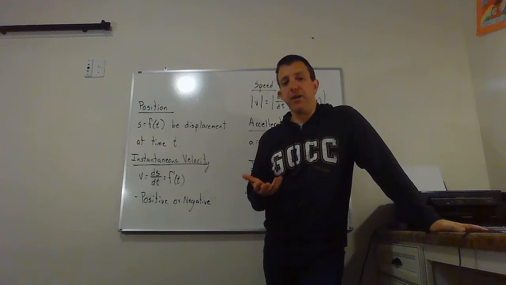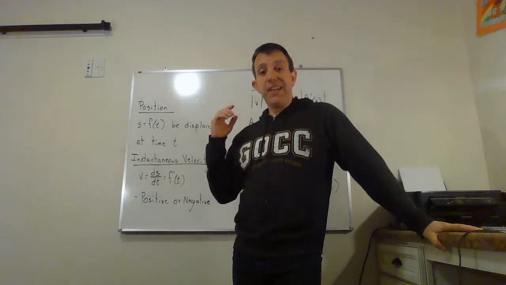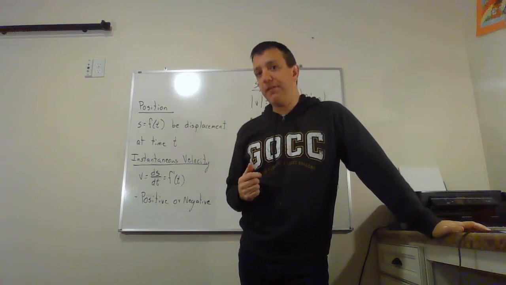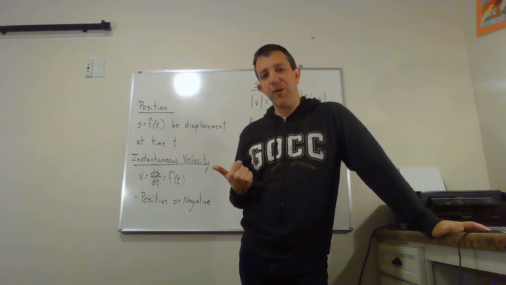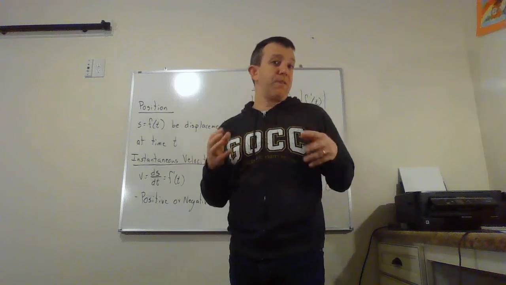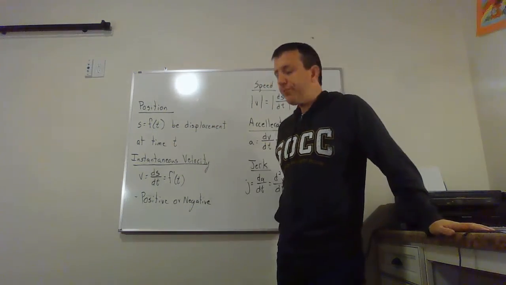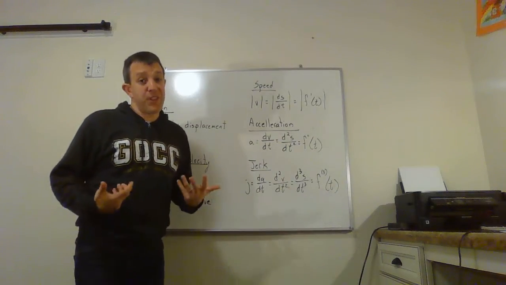Okay, so if we think about your house as being point 0, when you leave your house, your distance is increasing, so your velocity would be positive. But when you return home, your velocity is technically negative because you're returning to that starting point. All right, so velocity can be positive or negative, but we don't usually think of that.